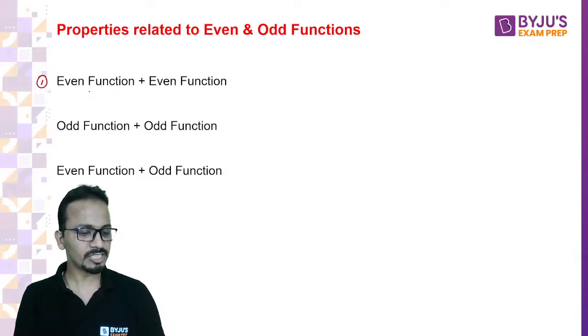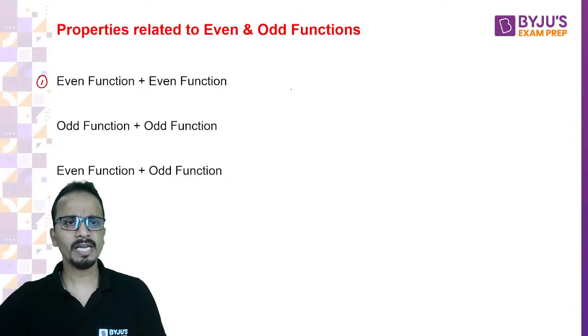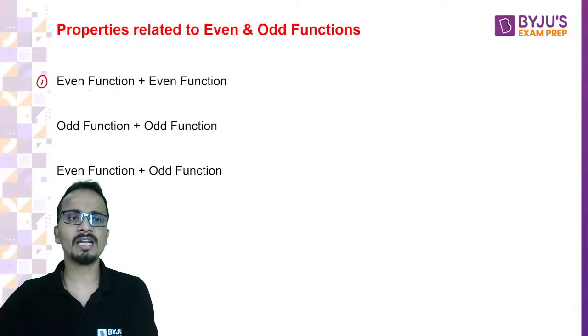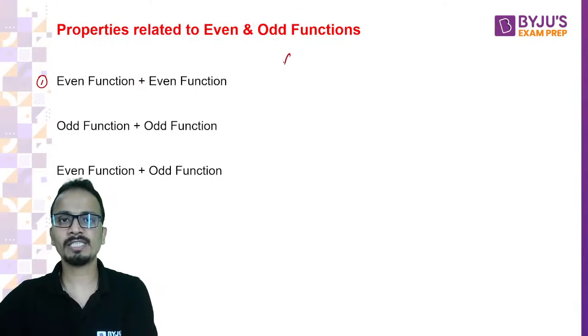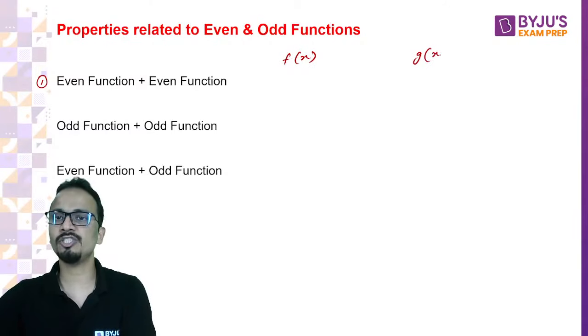You may write your answer in the chat box. Meanwhile I'm solving it slowly. I'm considering two separate functions which are even functions. Let's say f(x) is an even function and another function is g(x), which is also an even function.